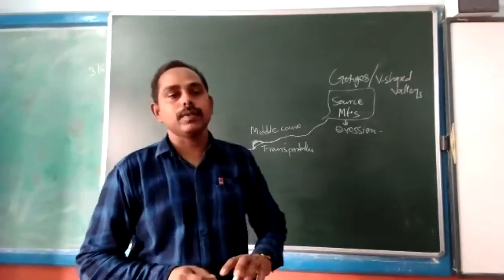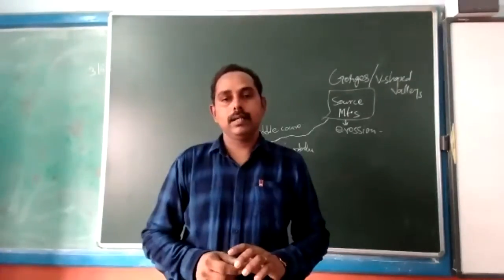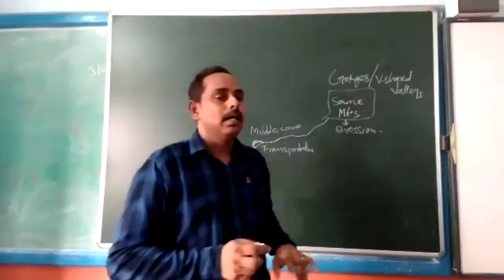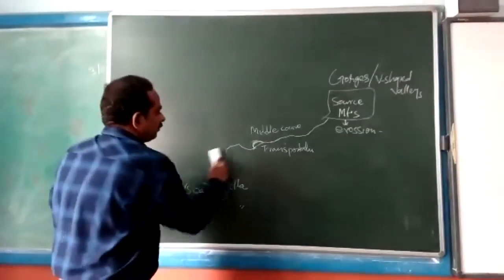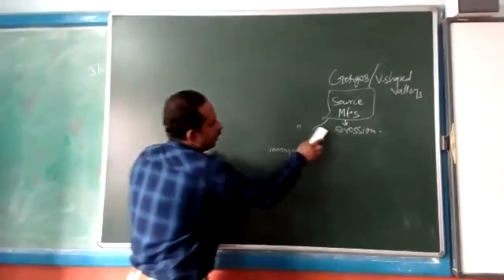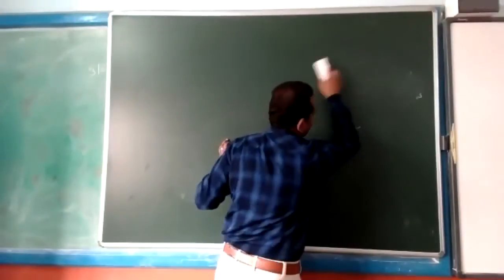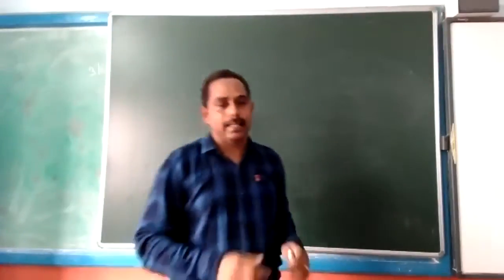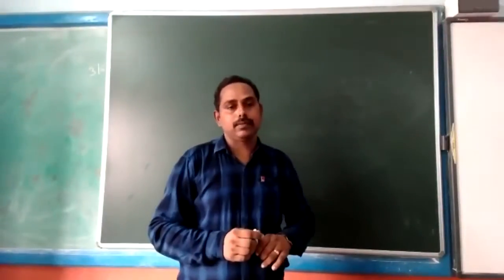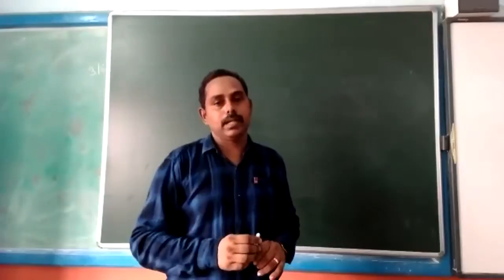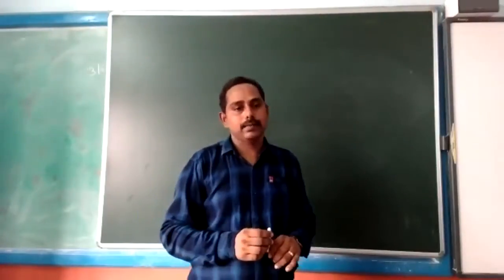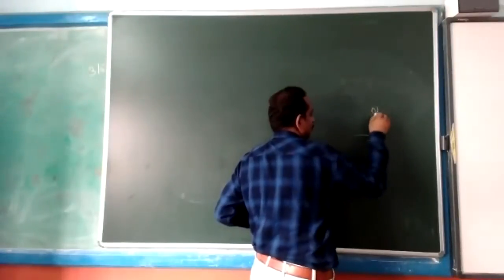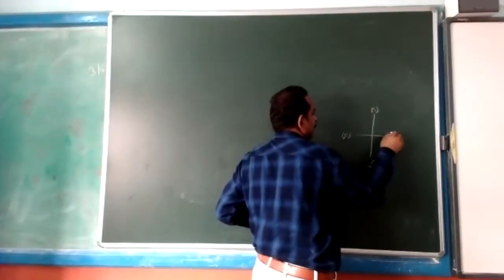So, in order to find out the direction of a river, first of all we have to find out the source of the river, where the river is starting. Then only can we find the direction. We already know the four directions: north, south, west, east.